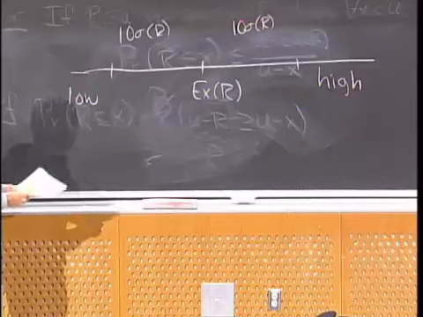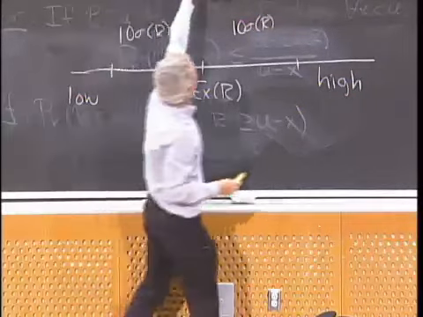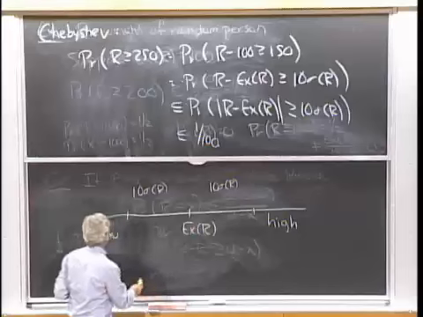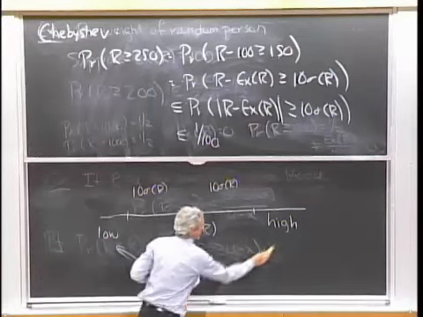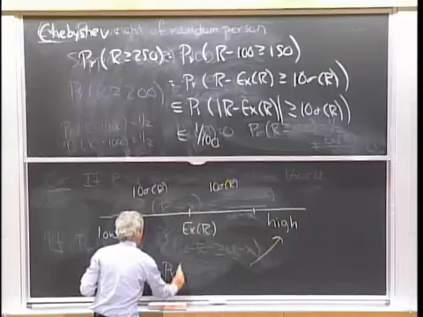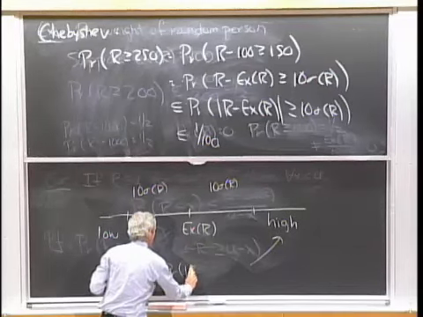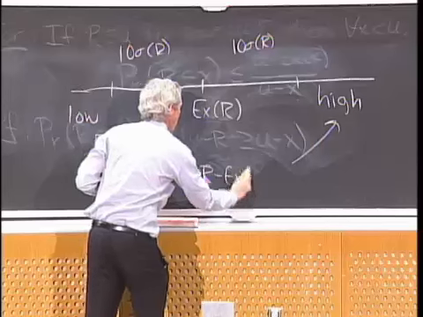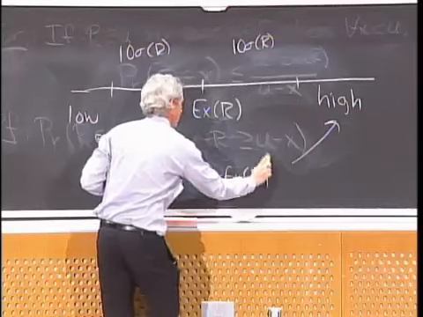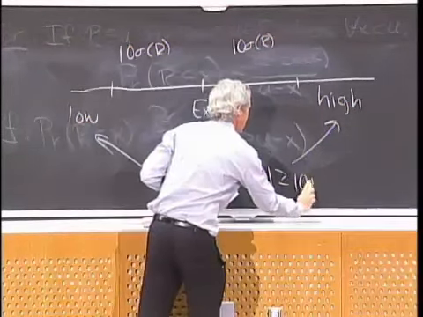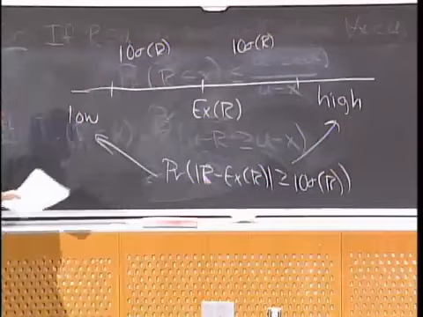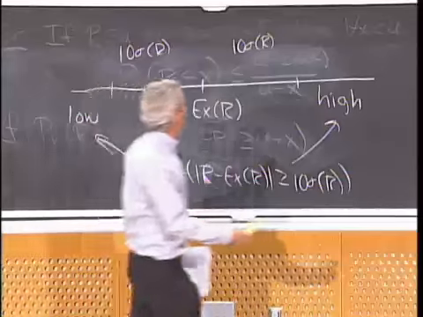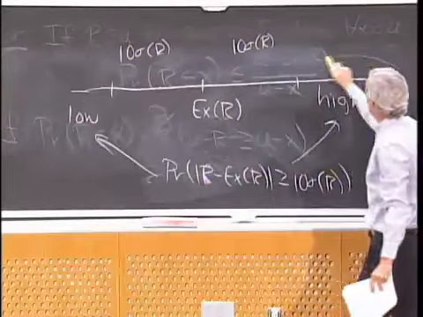Now, this line here with the absolute value is figuring out the probability of being low or high. This is the probability that the absolute value of R minus its expected value is at least 10 standard deviations. What we really wanted to know, or bound, was just the high side.